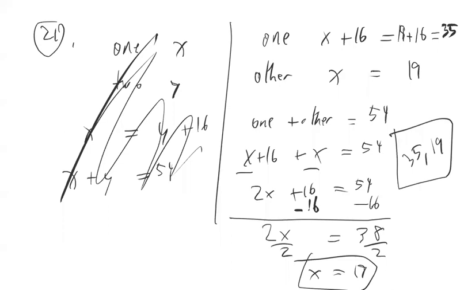And now let's go ahead to problem number 22, which says you are choosing between two health clubs. Club A offers membership for $29 plus $16 a month, so it's 16x.